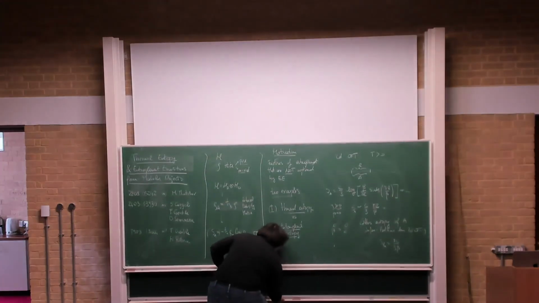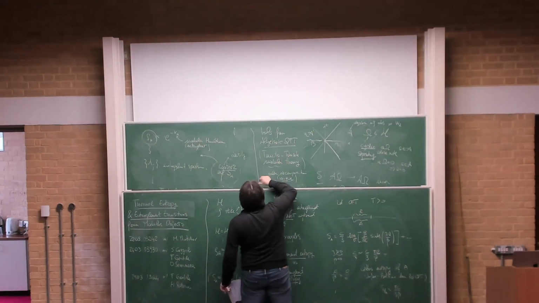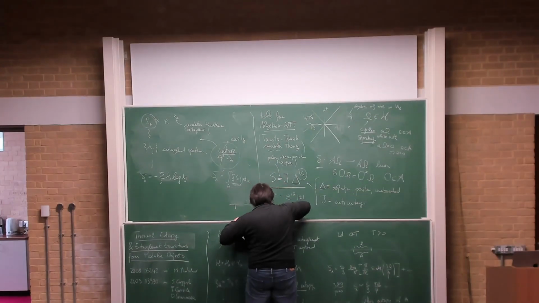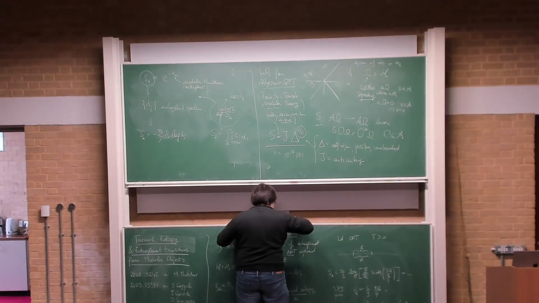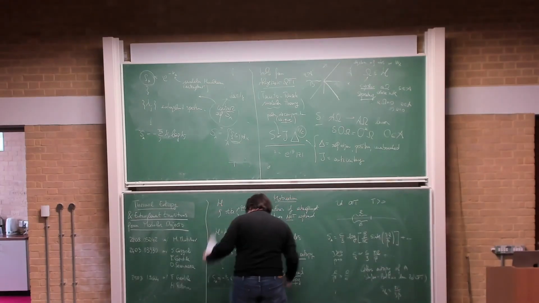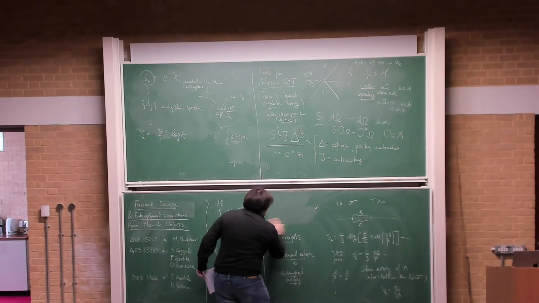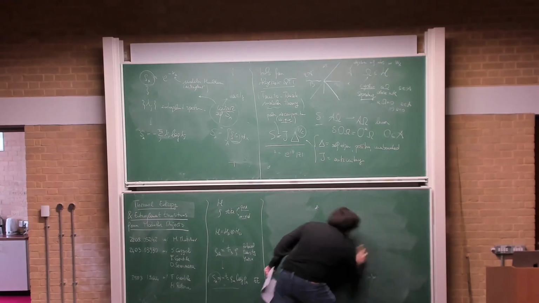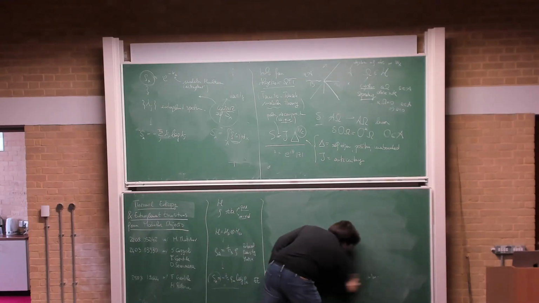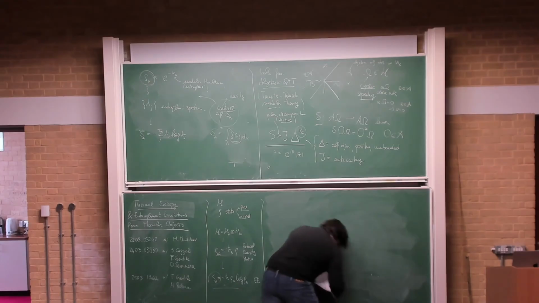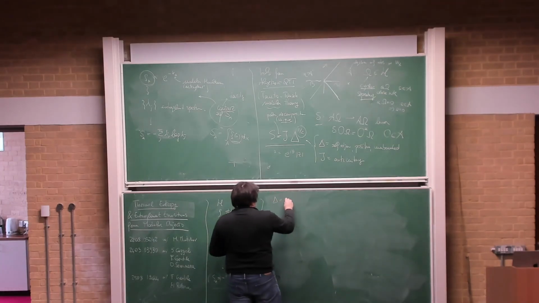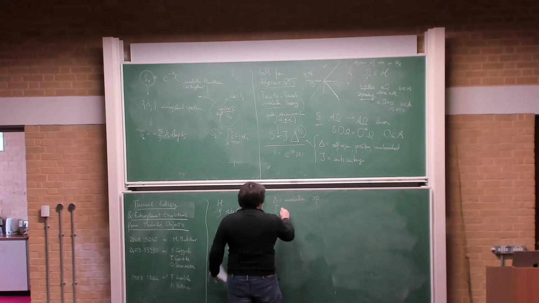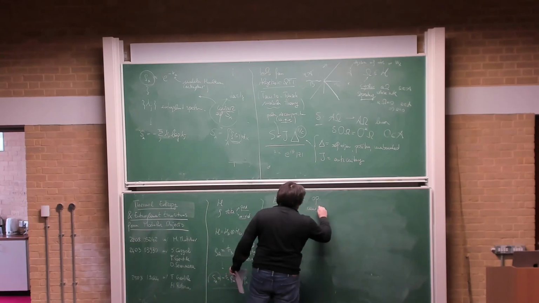So these two objects are the modular objects we play with. Delta is called the modular operator. J is called the modular conjugation.